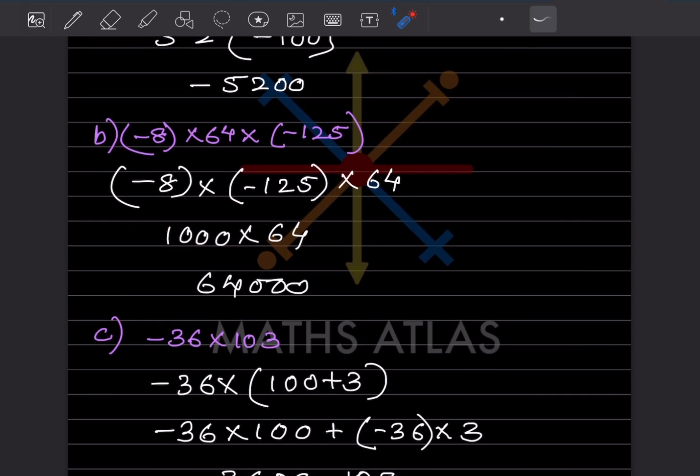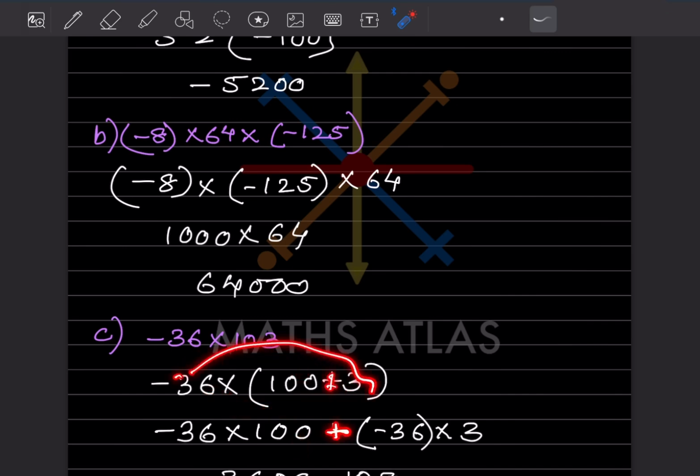Now look at here. Again, this -36 will keep as it is. For this one, we can write 100 plus 3. So when we write like this, or we can multiply this into this and this into this one. So -36 into 100, and here this is plus, so this is plus.